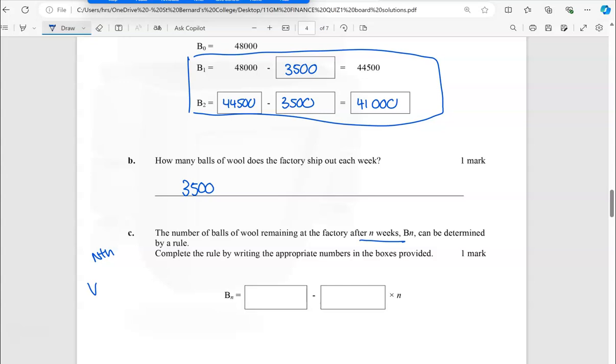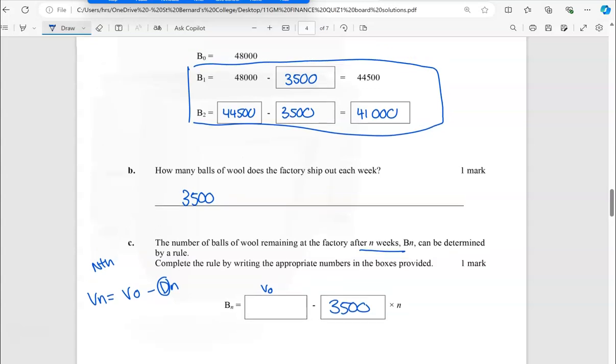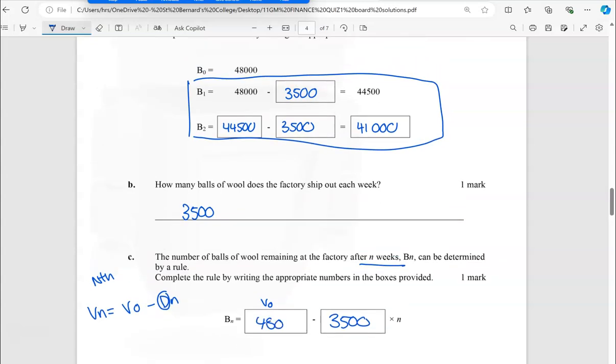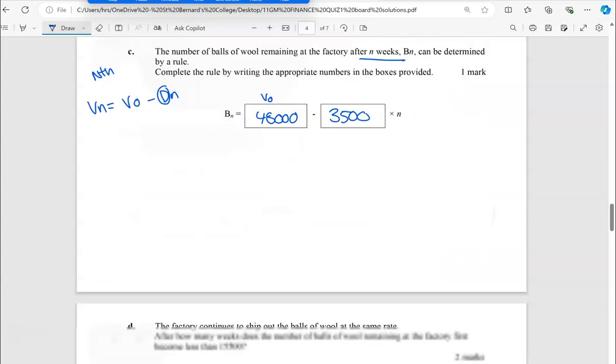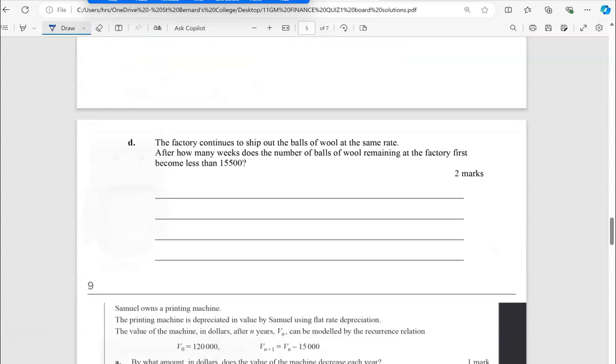Now it said the nth term was V0 minus, I think it was D times N. So what is D in your scenario here? Yeah, and it's with the N, so that goes there. So what will this one be? The V0, which is, what did it start with? 48,000. Good.